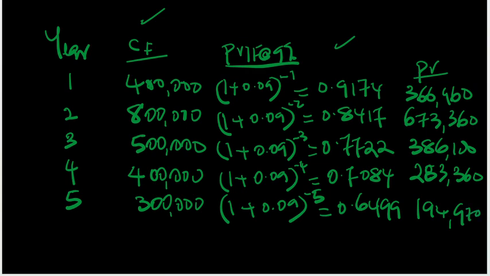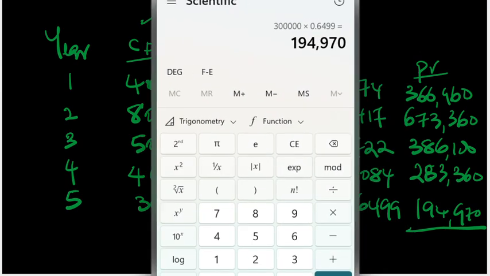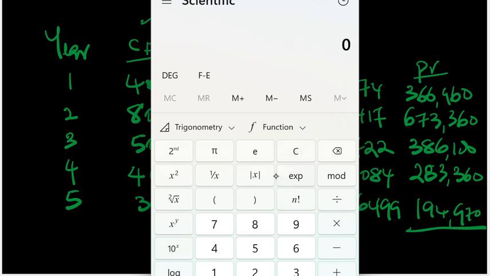So we then do the sum of these present values. That is 366,960 plus 673,360, plus 386,100, plus 283,360, then plus 194,970.